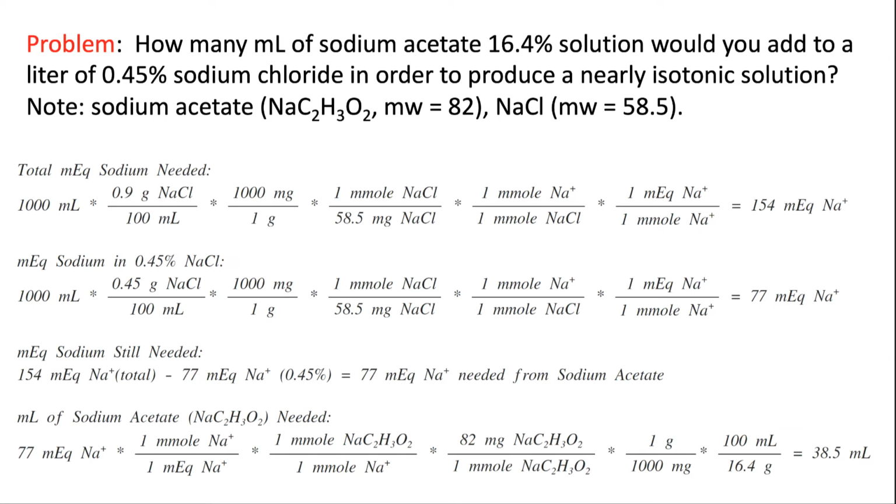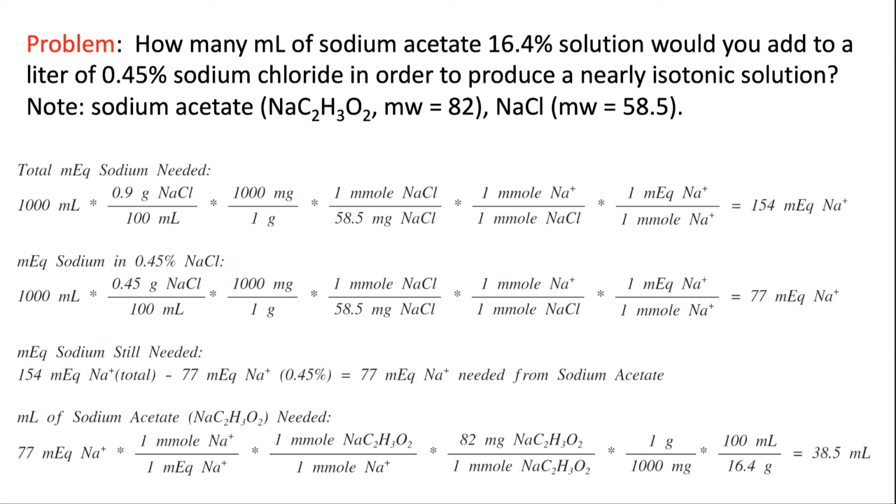That way the units of grams cancel. And if I do that math all the way across, my final units would be milliliters. If you do that math, you would see that the final volume would be 38.5 milliliters. So to summarize this question, if we take 38.5 milliliters of sodium acetate, we've determined that that would contribute 77 milliequivalents of sodium.